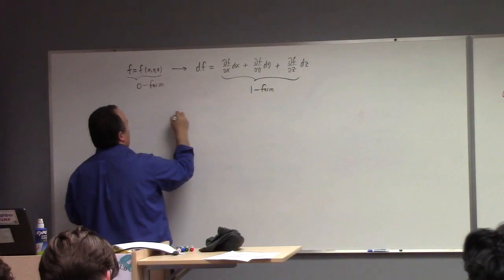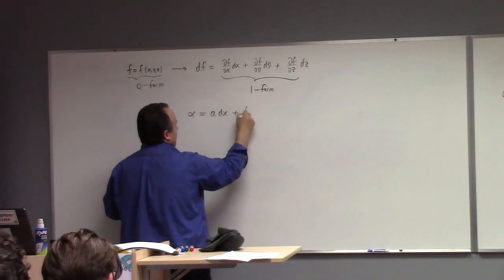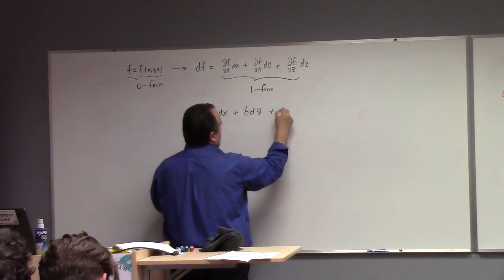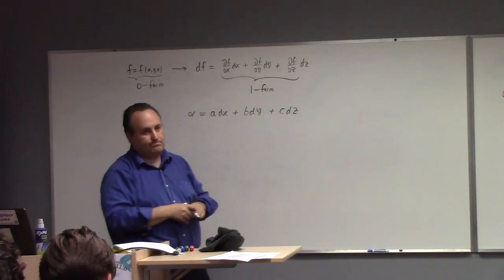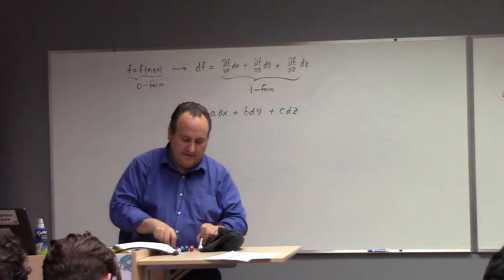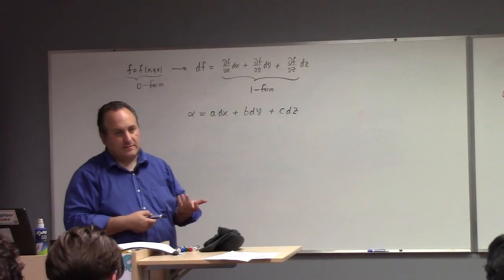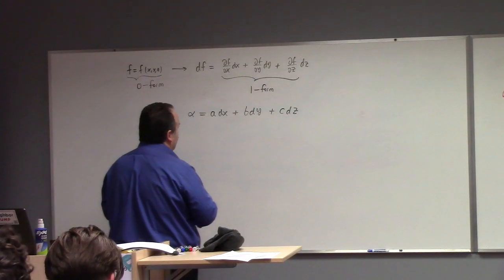What if we had, let's say, alpha is a dx plus b dy plus c dz, right? That's a one form. So what I'm going to introduce you to is the idea that we can differentiate that with what's called the exterior derivative, and in so doing produce a two form.